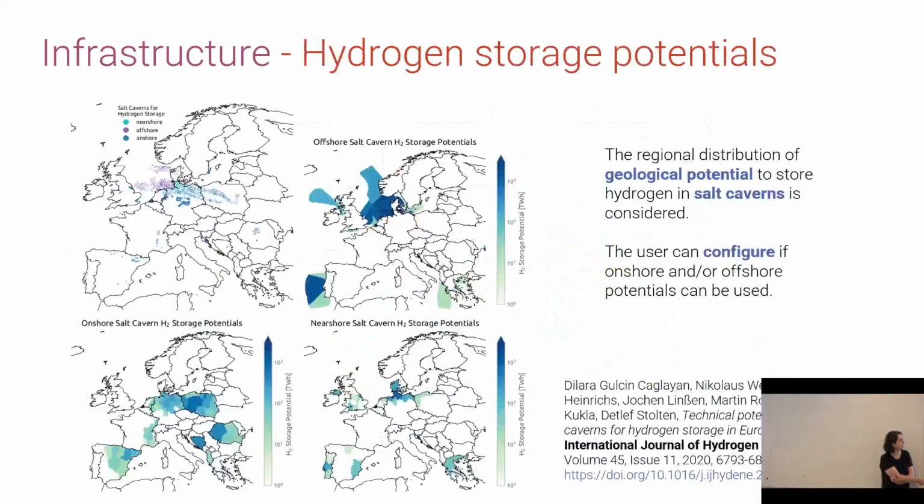Cool. Then where can we potentially store hydrogen in the future? This is another data set, in this case coming from this nice paper that includes estimation of the existing salt caverns where hydrogen can be stored underground. This is one of the options of storing hydrogen.